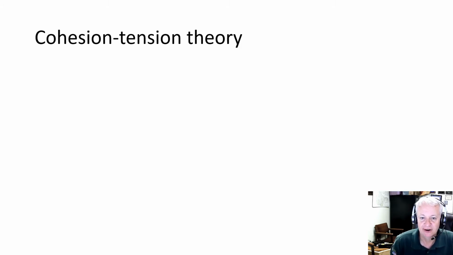And in the early 20th century, cohesion tension sort of arose as the leading theory or hypothesis, and I think has settled into the role of theory, where there's a lot of data supporting this mechanism.